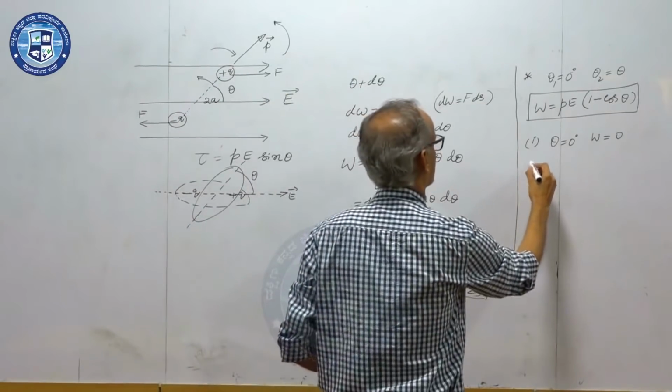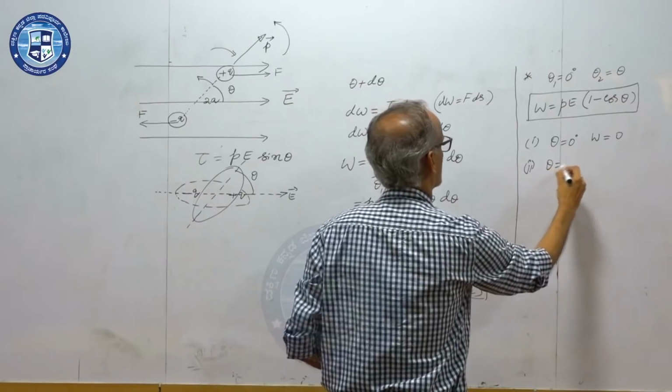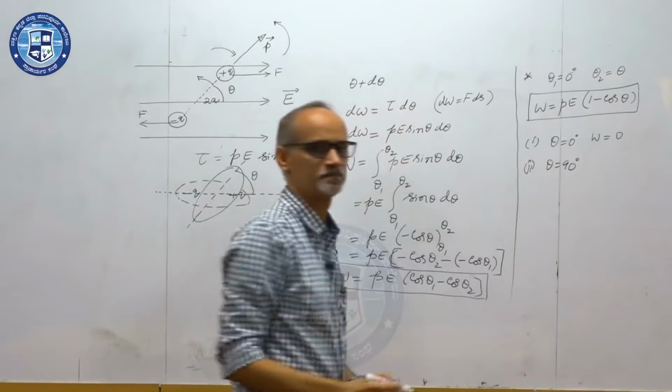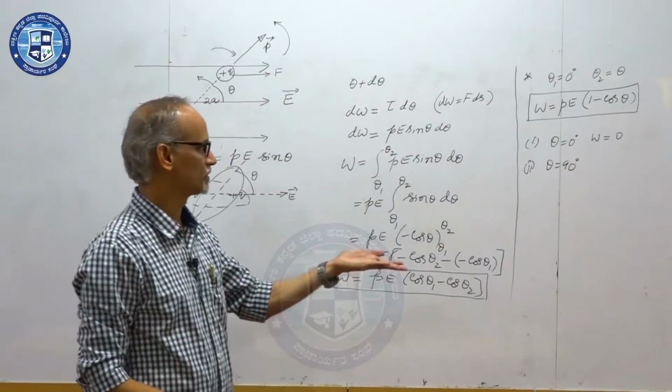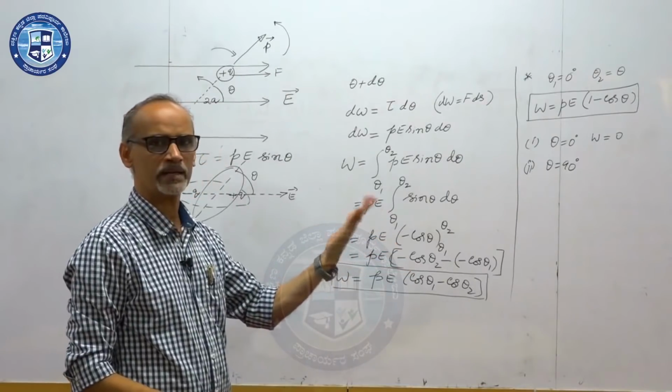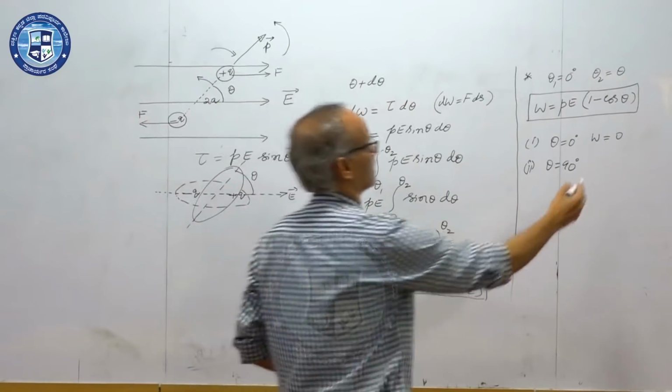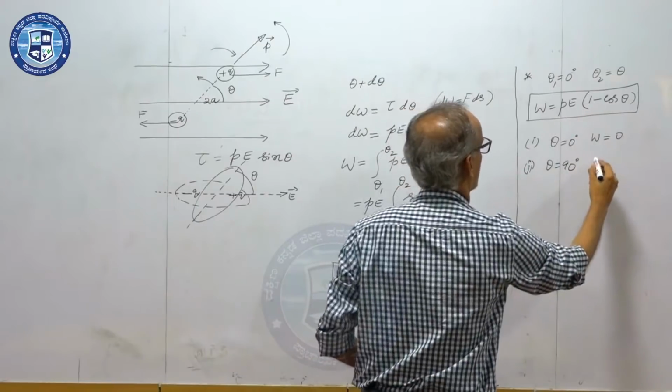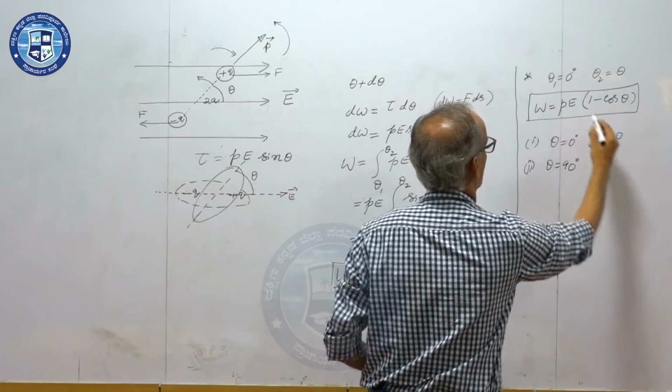Now, what if the dipole is rotated through an angle of 90 degree from the stable equilibrium position? Cos 90 is 0, so we get W is equal to Pe.